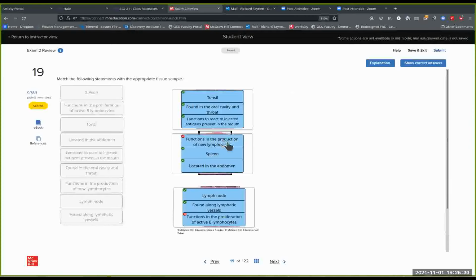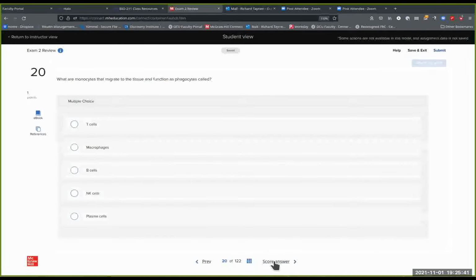Yeah. So this should be in the lymph node, and then production of active B lymphocytes is in the spleen, because you're processing B lymphocytes to plasma cells there.